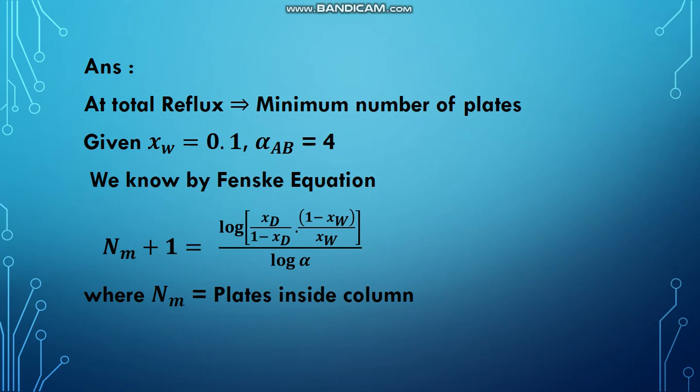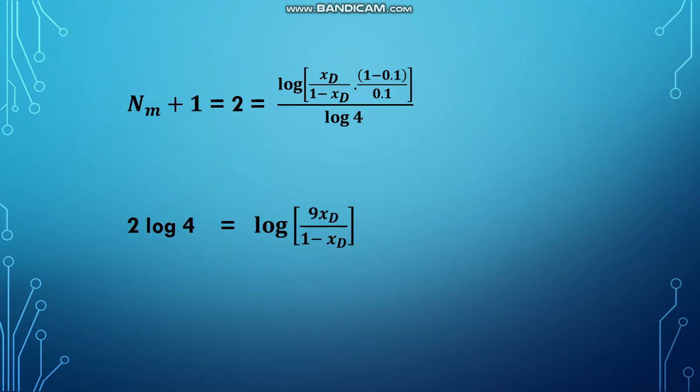Here Nm is the plates inside the column. So Nm plus 1 becomes equal to 2, which is equal to log of xd by 1 minus xd into 1 minus 0.1 by 0.1, divided by log 4. Here log 4 should be kept on that side. So 2 log 4 is equal to log 9xd by 1 minus xd.